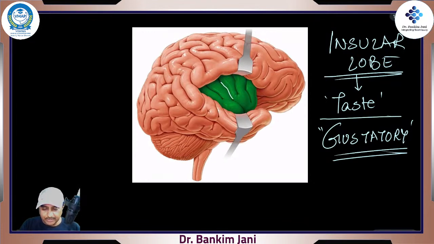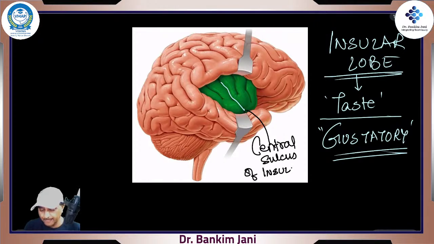In between there is the central sulcus of insula, which divides both of them, right? One is called the short gyrus, and this one is the long gyrus of insula, right? So that's how this insula is arranged.